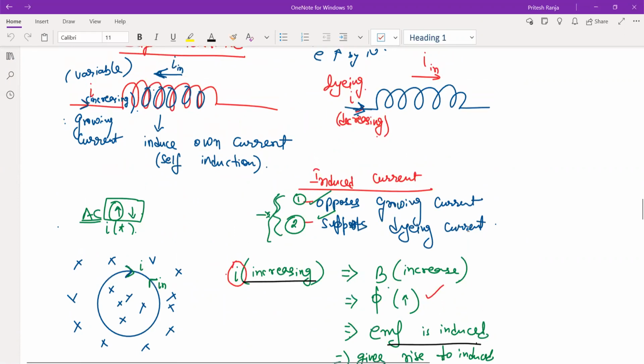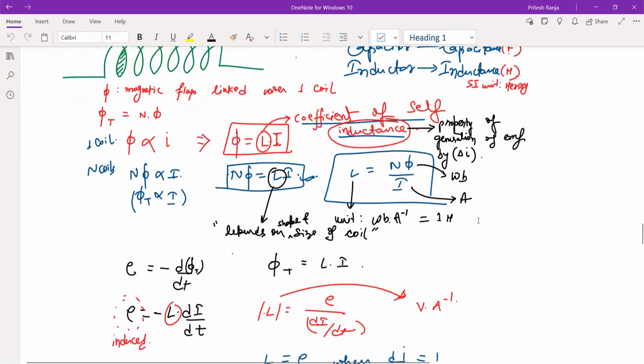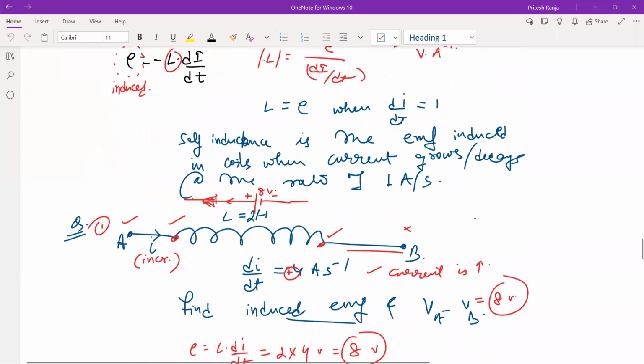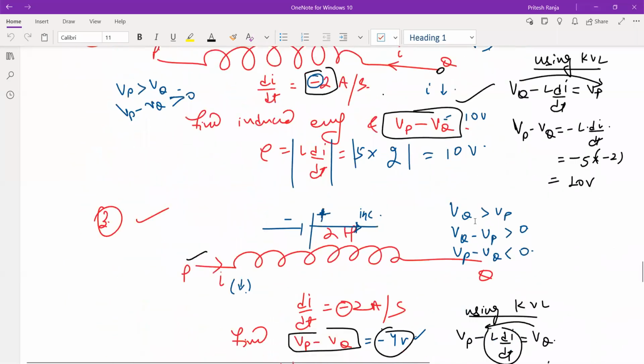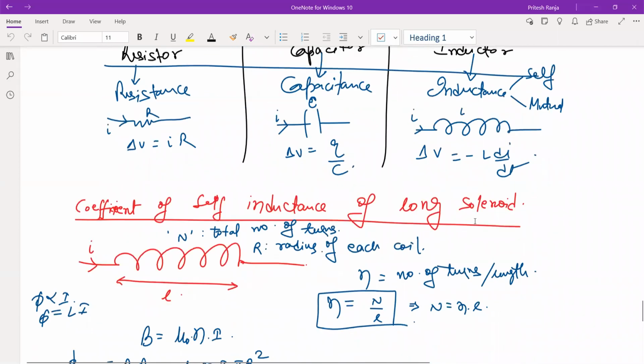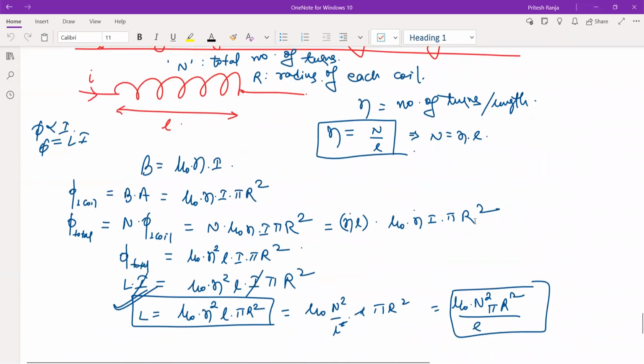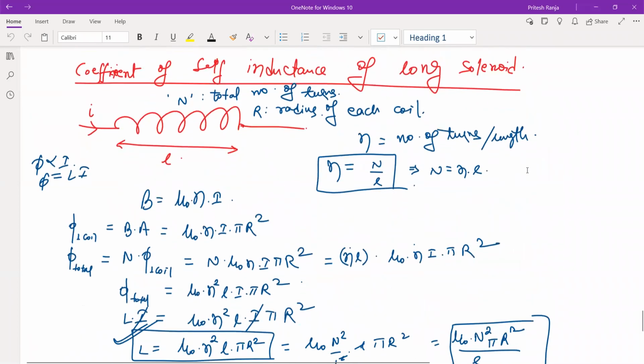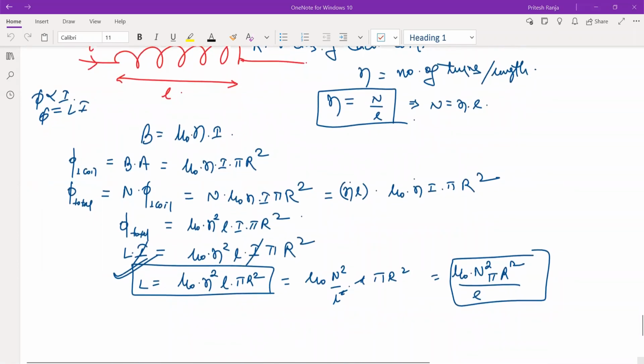We also saw how a solenoid can induce EMF. We also got the expression of L, that is self-inductance of a long solenoid. So let us do the questions based on this today.